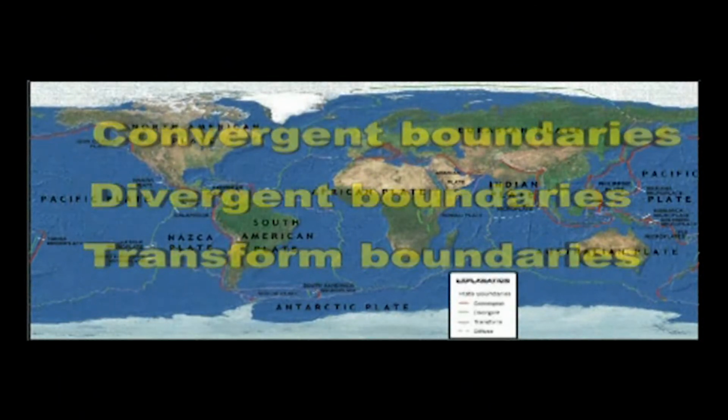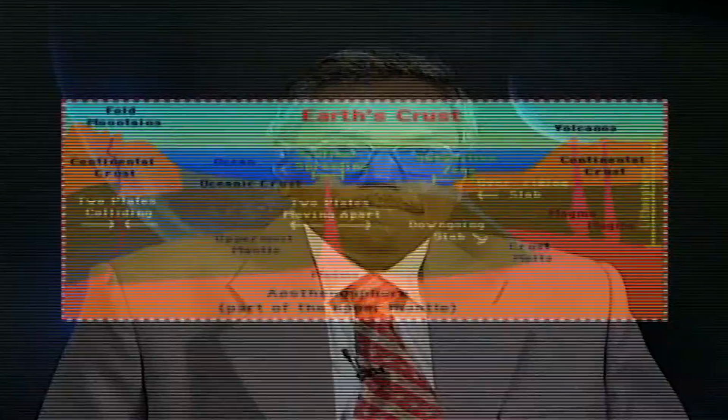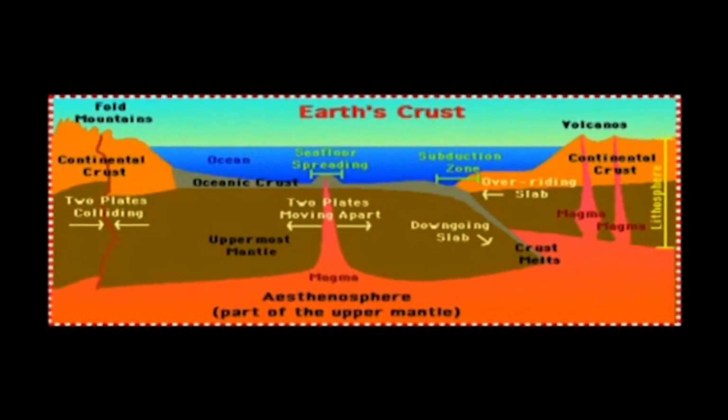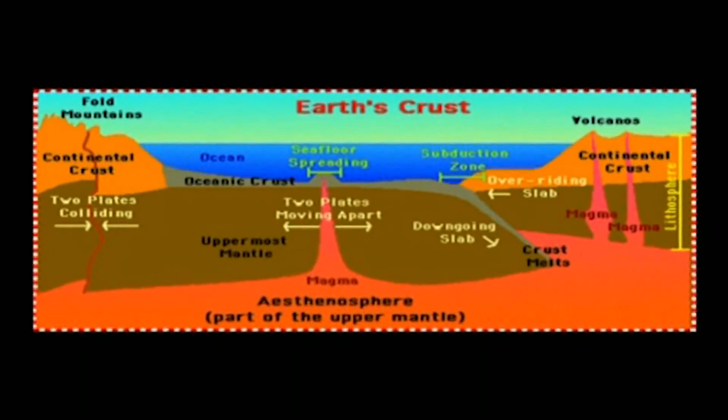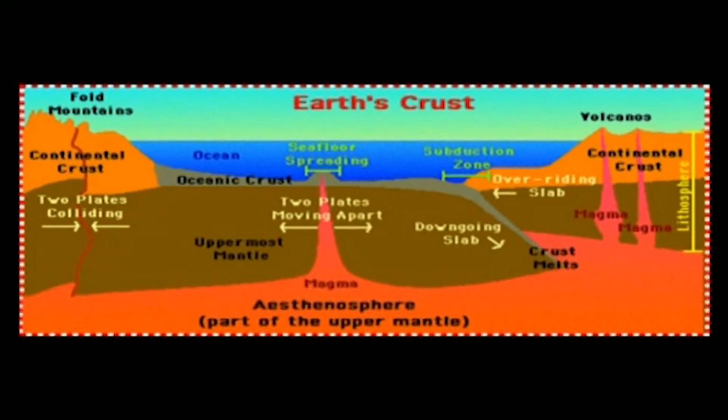Plate movements happen along three types of plate boundaries called convergent boundaries, divergent boundaries and conservative transform boundaries. Let us see the Earth's crust and asthenosphere, where two plates collide with each other and where two plates move apart from each other, and the diverging plate goes into the earth, creating a lot of structures above the surface. At one particular area you can see two plates colliding at the continental crest, forming the fold mountains.